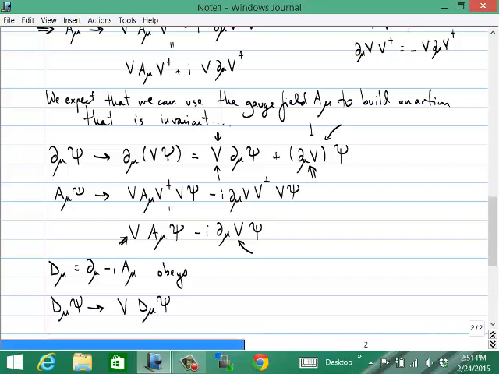And so what this means is that we now have a way of taking derivatives so that the derivative of psi transforms just like psi. In particular, it gets multiplied by a V on the left.